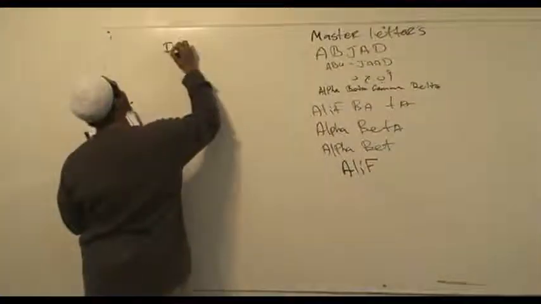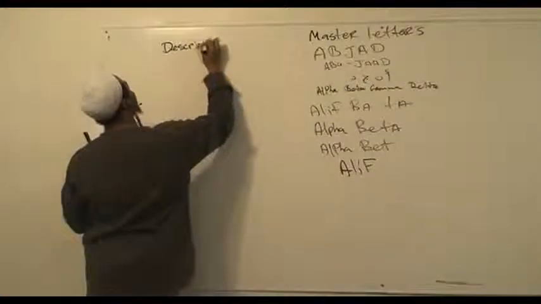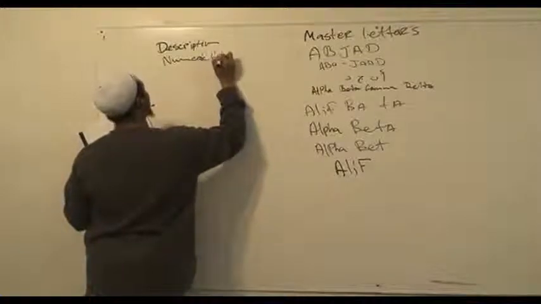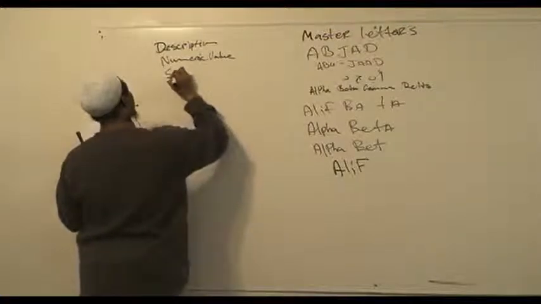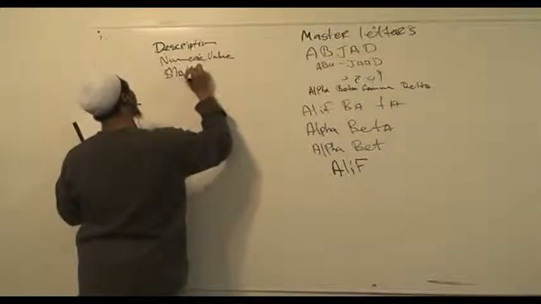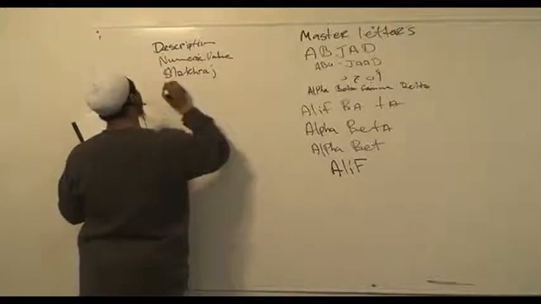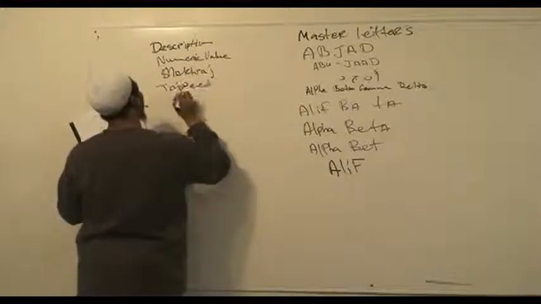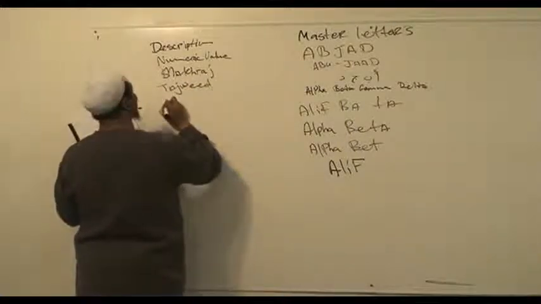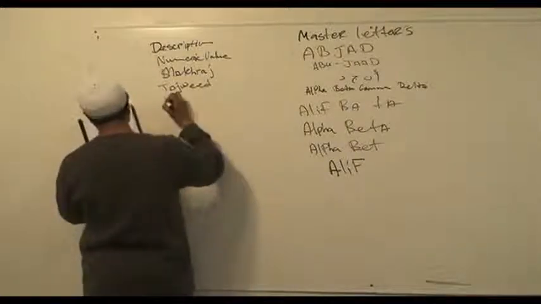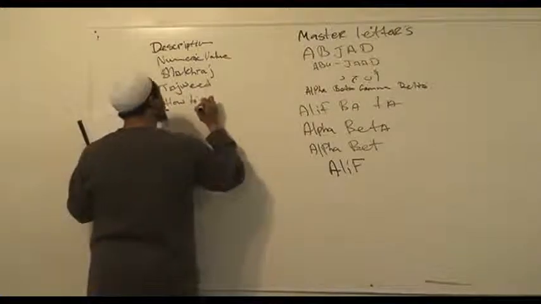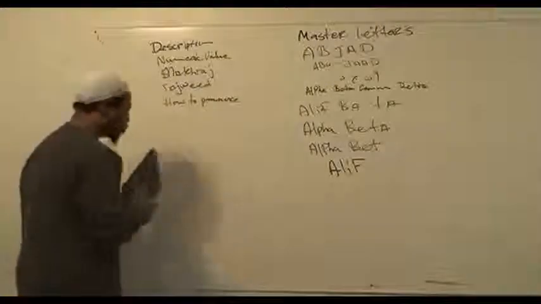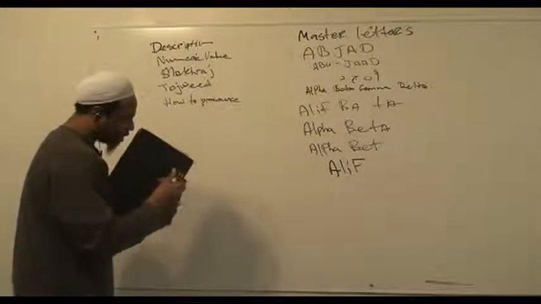We're learning the description, the numeric value, the makhraj, the tajweed rule, and exactly how to pronounce it. That's dealing with the makhraj, but it's exactly how to pronounce it. That's a little bit more technical than what most people understand when we put it here.